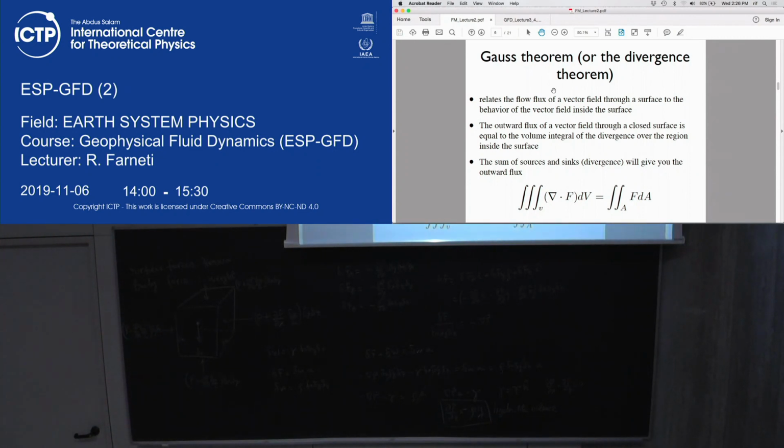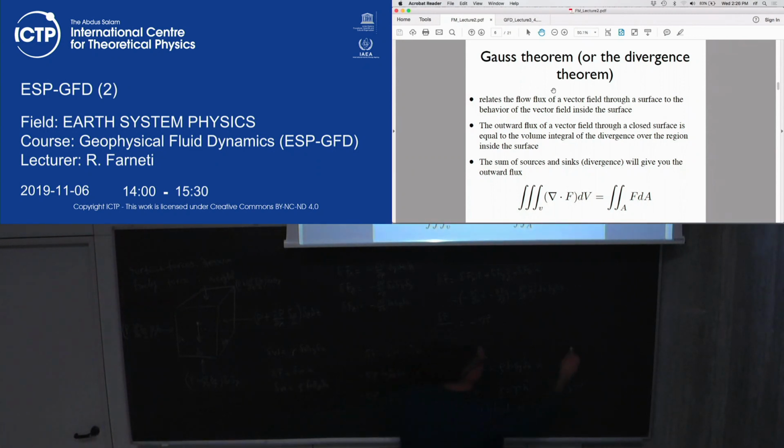What does that mean? It is basically the sum of all the sources and sinks inside that closed surface. So if you have a vector field F, all the sources and sinks of that vector field F, so divergence or convergence, will be equal to the outward flux through the surface.